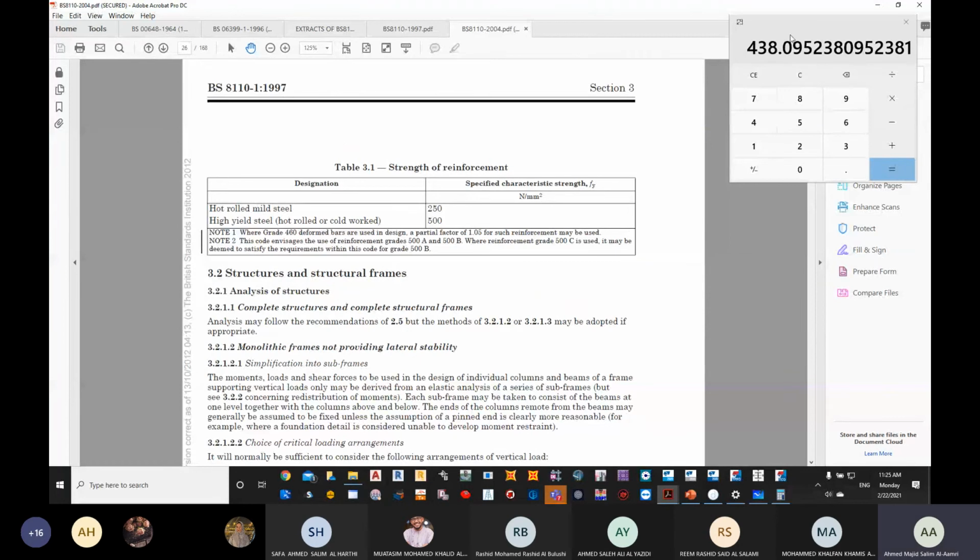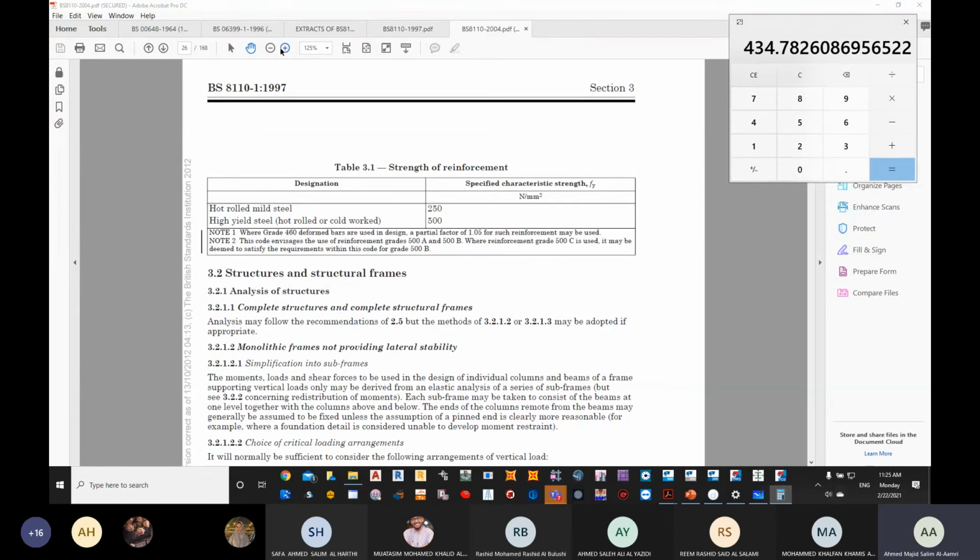For the first one, if you are using 460, you are allowed to go down to 438. If you are using 500 and we divide by 15%, then you are allowed down to 434. So whether you have designed for 460 or 500, both are okay as long as you are using the correct factor of safety.